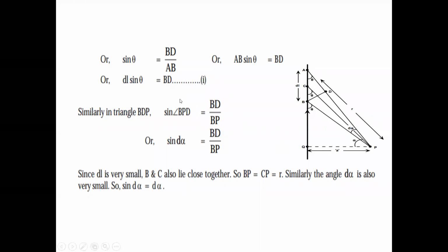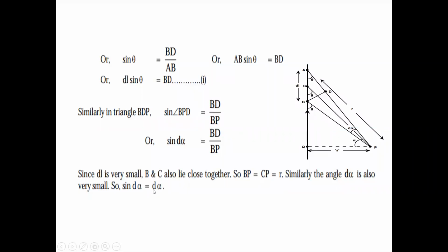Similarly, as for the angle d alpha, the meaning of ds, dv, dl, dq, d alpha, whatever it may be, a differential element means the smallest value. So here the angle d alpha is also very small. For example, if we take the d alpha value as 0 degrees, then sine 0 is equivalent to 0.